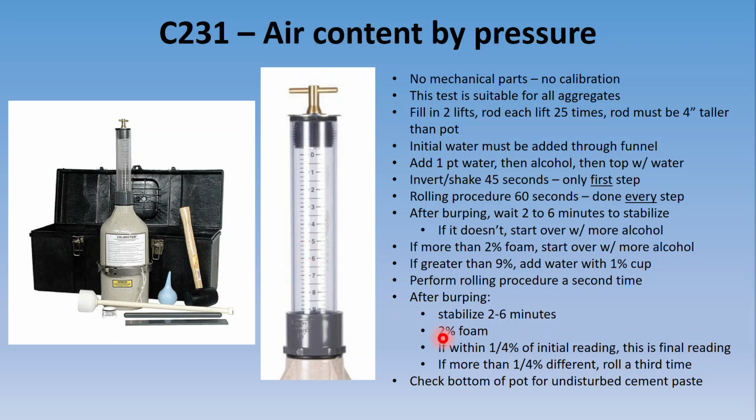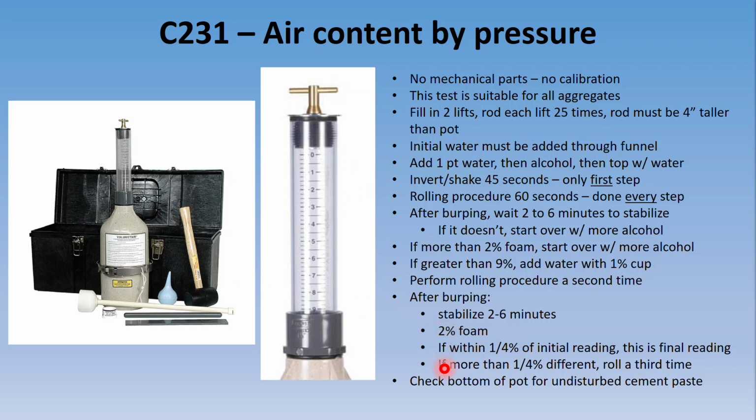If that second reading differs from your initial reading by more than 1/4%, right, you're not rolling it well enough. So if that's the case, if you're more than 1/4% different from your initial reading, you got to cap it and roll it a third time. 60 seconds again. You're going to burp it, watch it to stabilize, look at your foam.